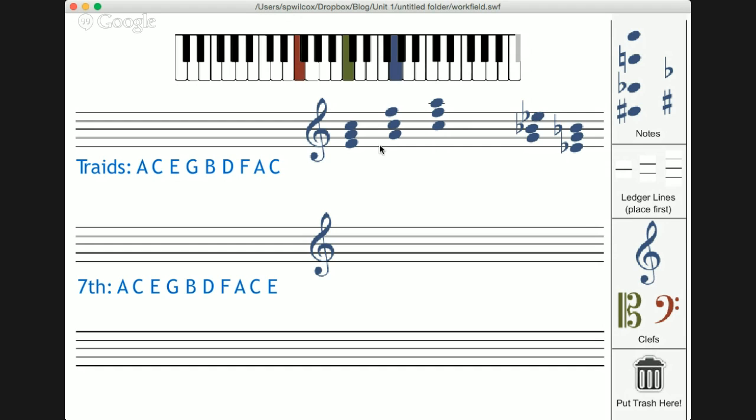Okay, so we've made triads: major with a major third on the bottom, minor third on top; minor with a minor third on the bottom, and a major third on top; diminished with minor thirds on top and bottom; and augmented with major thirds on the top and the bottom. And then we've inverted our triads by moving the bottom note up an octave over and over again, but we can always compare it to our chart to see what the lowest ordering is, and that's what we want to find.